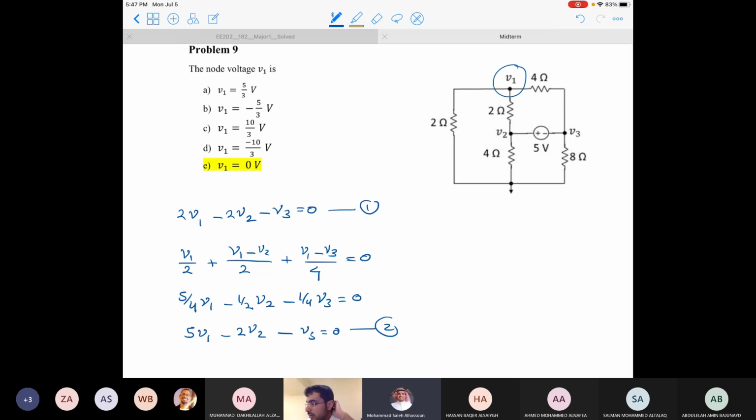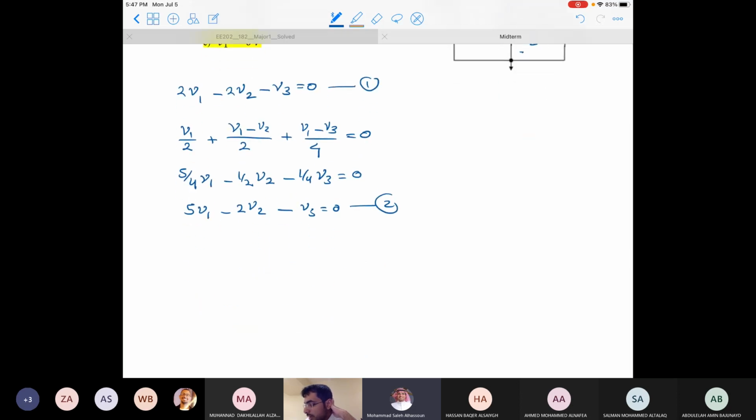I still need one more equation, so I can apply KVL here. So this one is V2 by KVL.